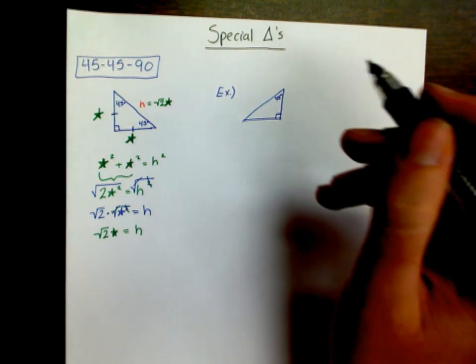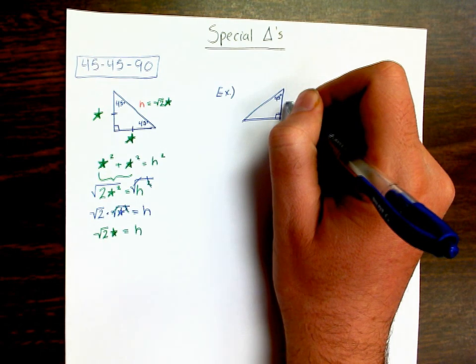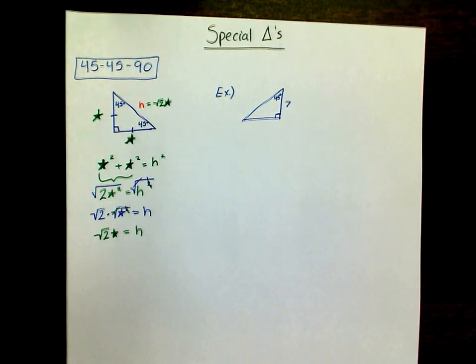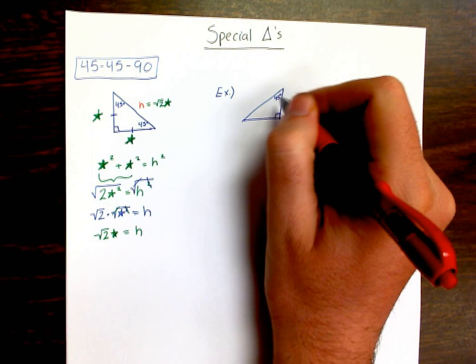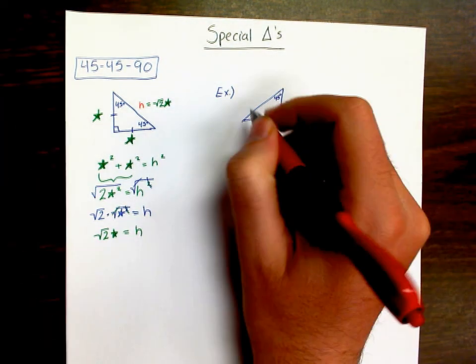Alright, let's say, though, that this side is 7. Okay? And my goal is to find the other two sides without using Pythagorean Theorem, without doing too much work. Well, first thing that I know is, remember, this is isosceles, so this side and this side are the same, which makes this one 7.